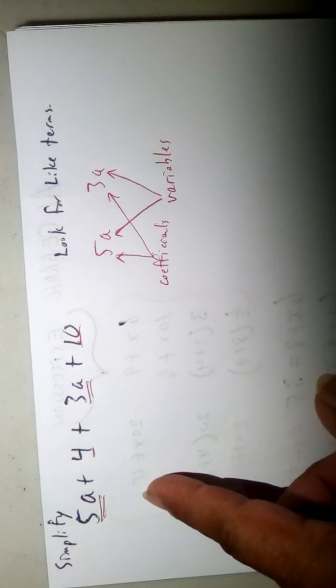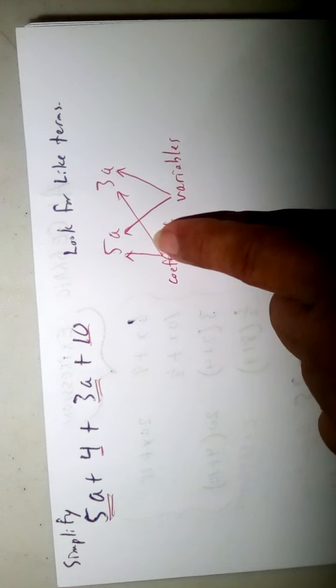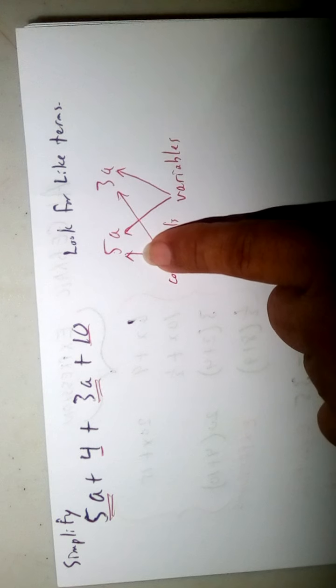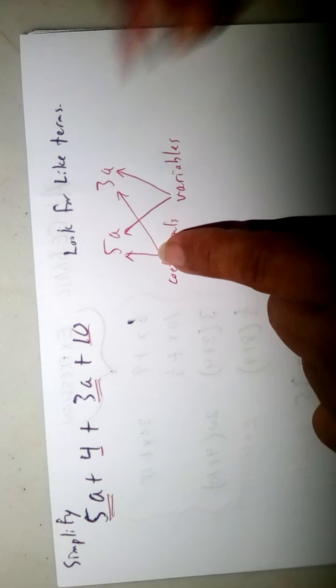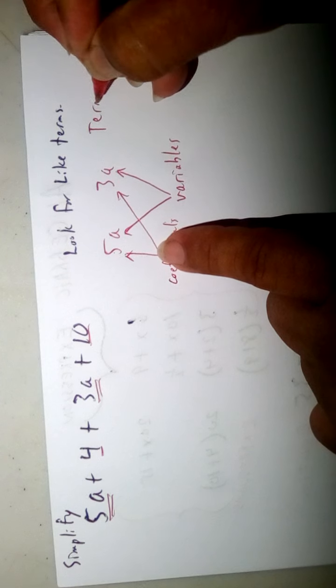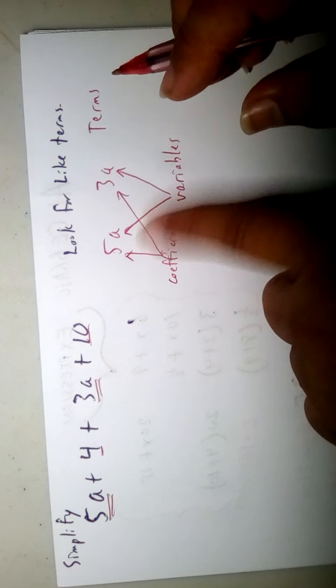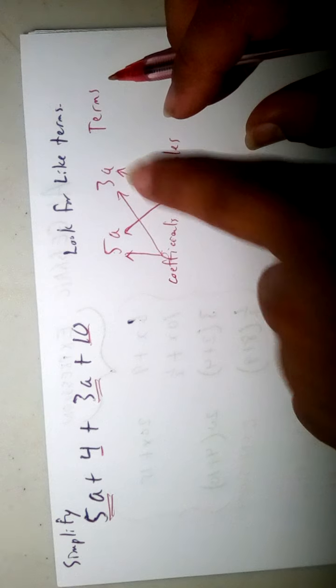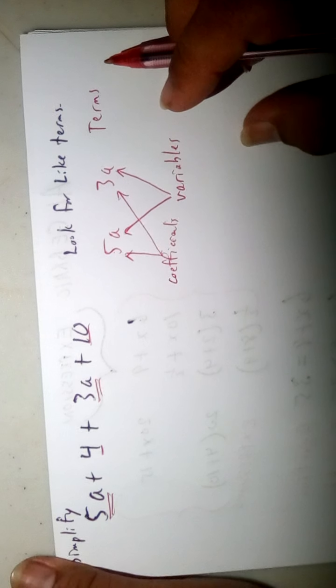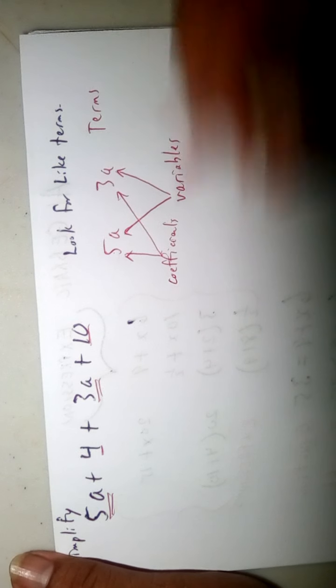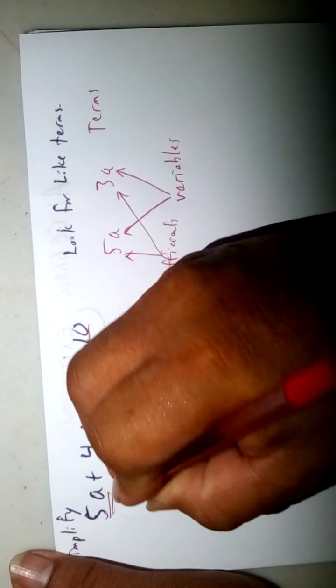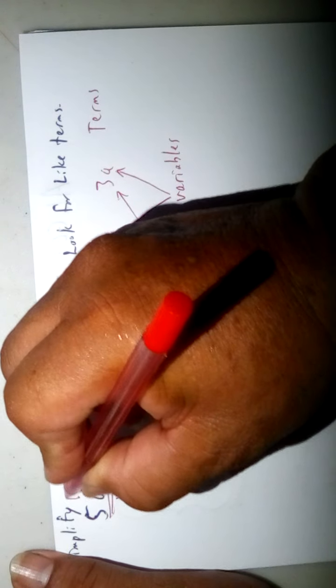So for this problem here, to simplify it, we have noticed that these are terms, and they are like terms. Why? Because the variables are the same. So can we combine anything? Yes, we can combine the 5a and the 3a because they are like terms.